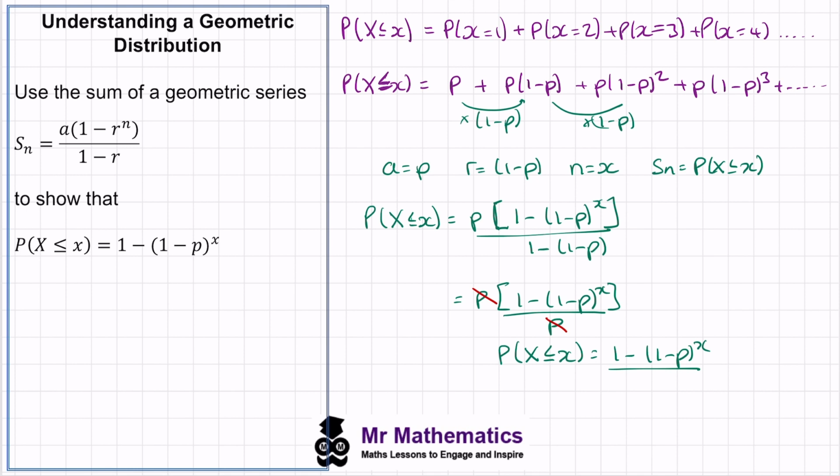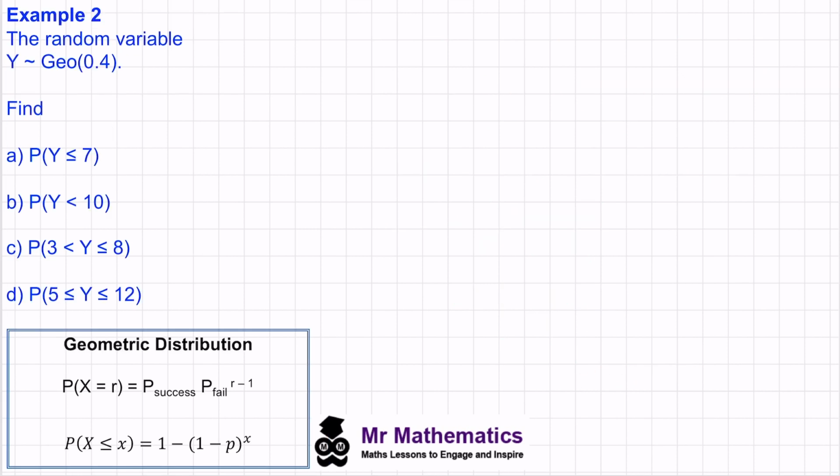And in our next example, we're going to use this formula to calculate cumulative probabilities. So in example 2, we've been told that the random variable y is distributed geometrically with a probability of passing 0.4. And we've been asked to find the probability of passing on or before our 7th attempt.